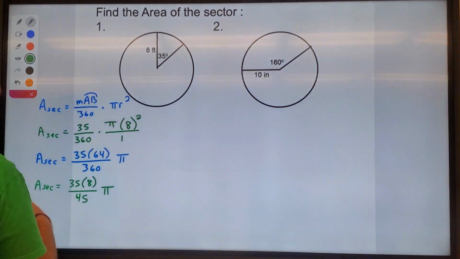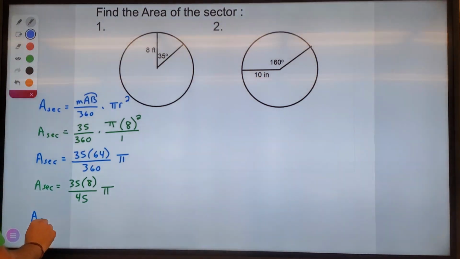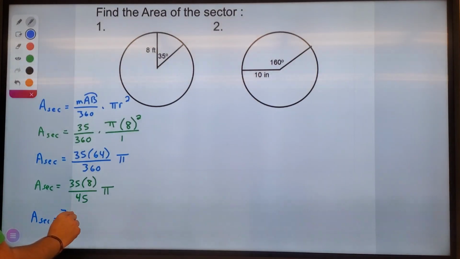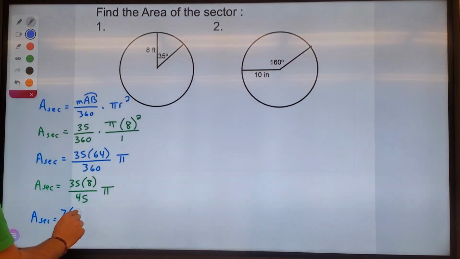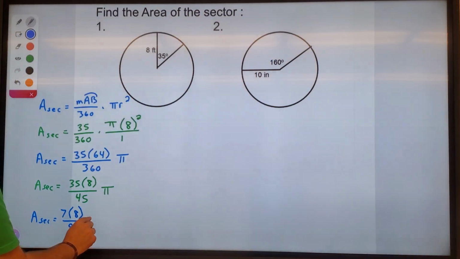Now 35 and 45 have something in common. I can divide both of them by 5, so I have area of a sector here. If I divide this by 5, I get 7 times the 8. And if I divide 45 by 5, I get 9.